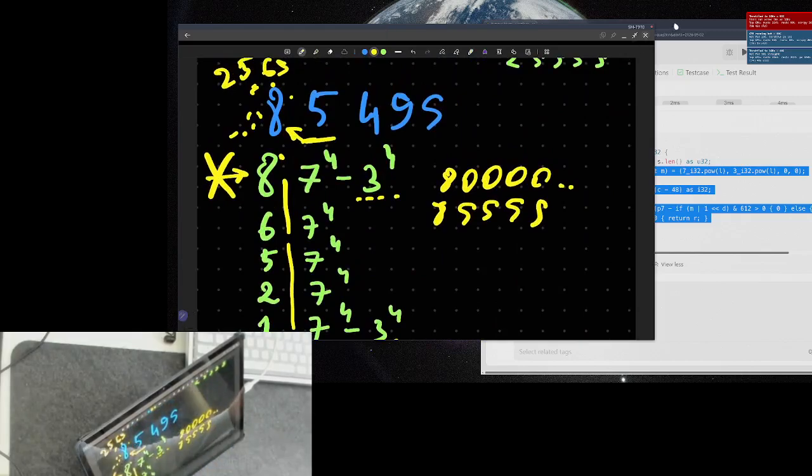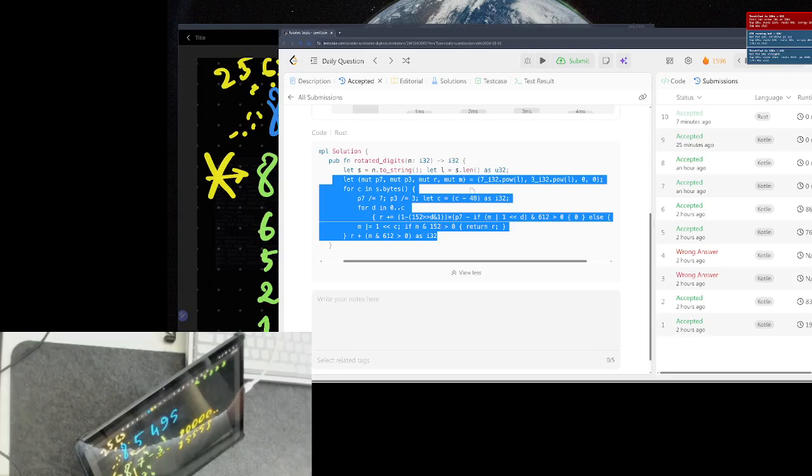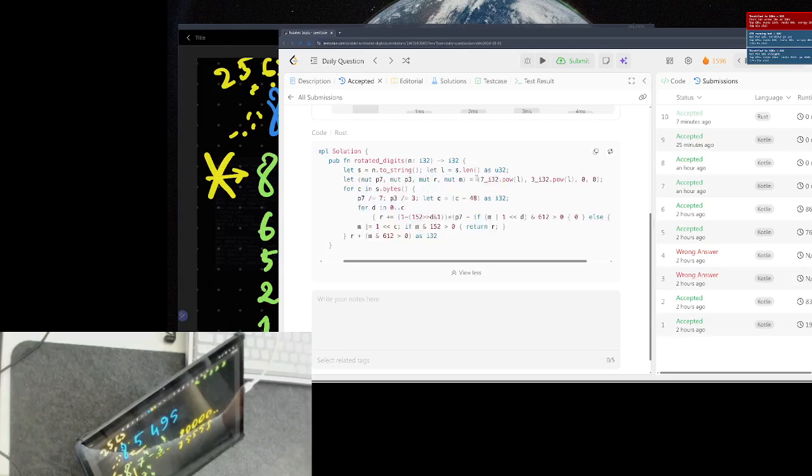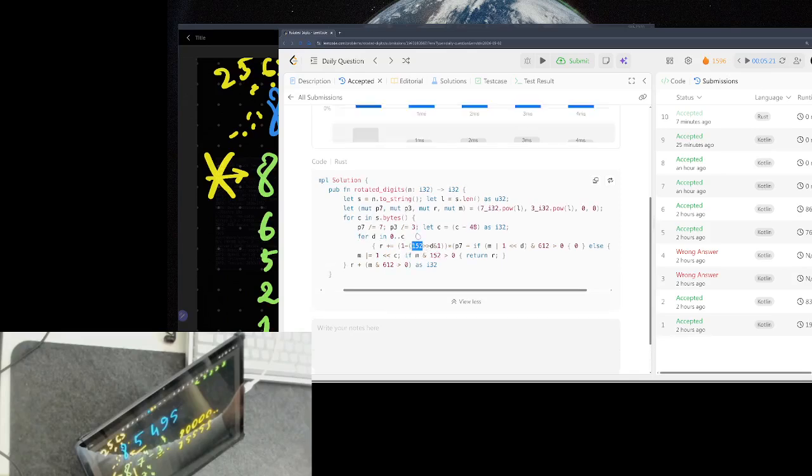Now let's look at the code again. So this is pre-computations of 7 power and 3 power. This is a current digit, and we are iterating from 0 to current digit. We're skipping, this is a bit mask by the way, the digits that are forbidden, 3, 4, and 7.